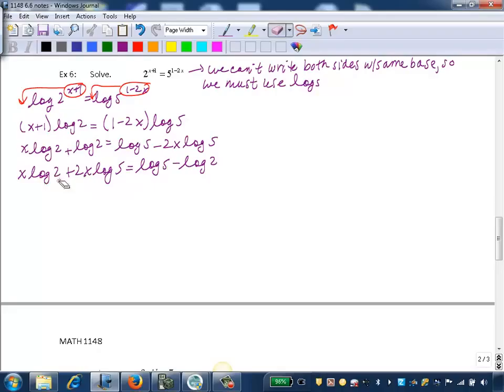So now all the terms that contain our variable are on the left, but now we know if we're going to solve and isolate x, we're going to have to only have one x appearing here on the left. So to do that, we can factor it out. So we'll factor out x. So if we divide x log 2 by x, we'll get log 2. And then if we divide 2x log 5 by x, we'll get 2 log 5.